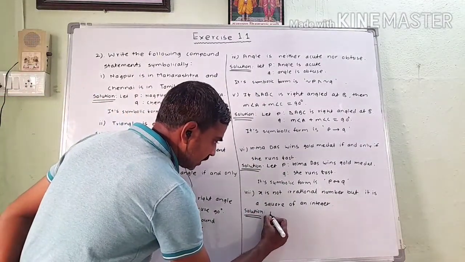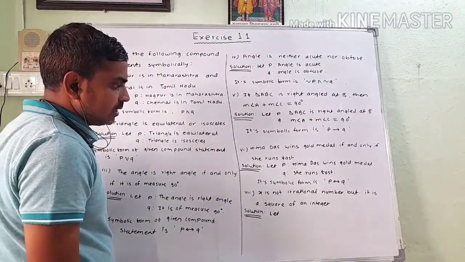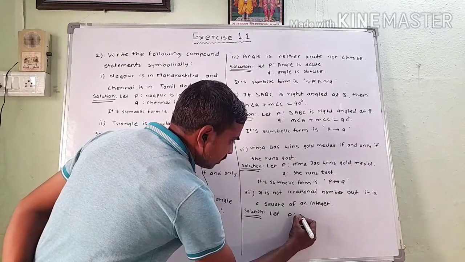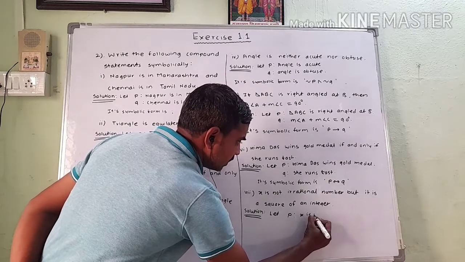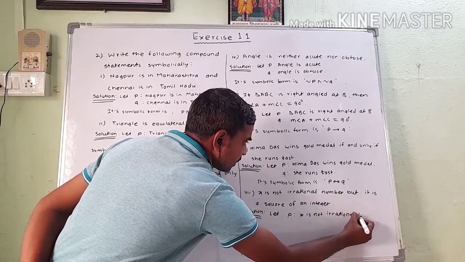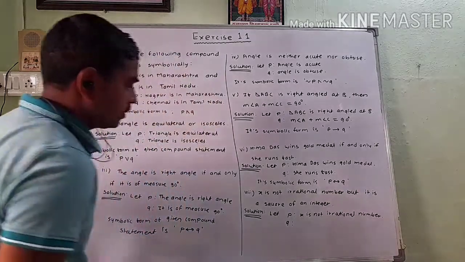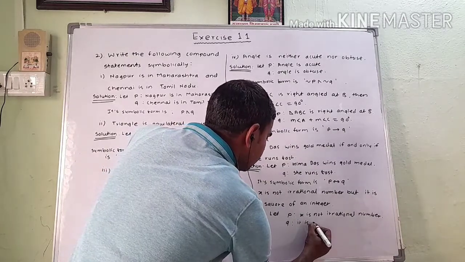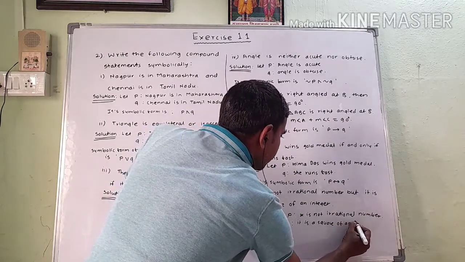Now lastly, x is not an irrational number, but it is a square of an integer. Only the symbolic form we have to write here. Let P stand for x is not an irrational number, and Q stands for it is a square of an integer.